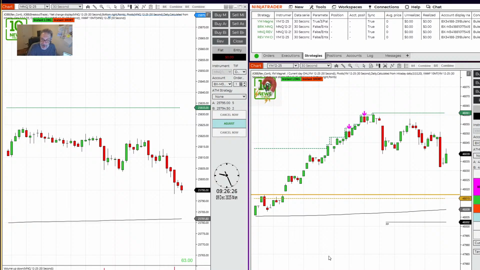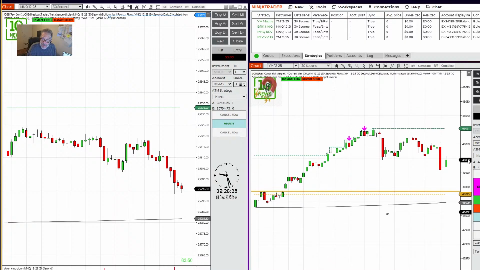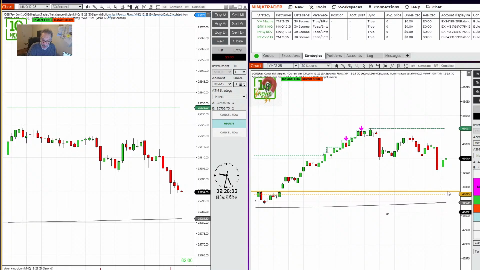So if I turn it on automatic, if we get a move down from here and it goes down to under 20, then I'm looking for a test of the VWAP.